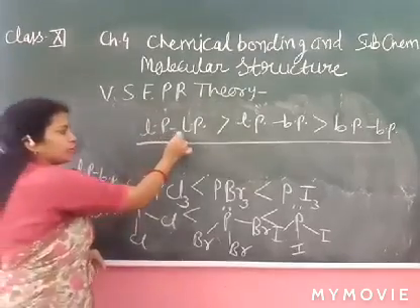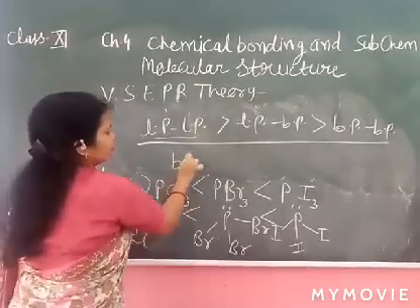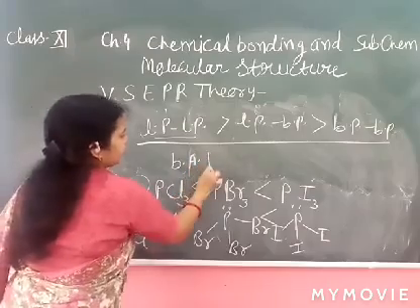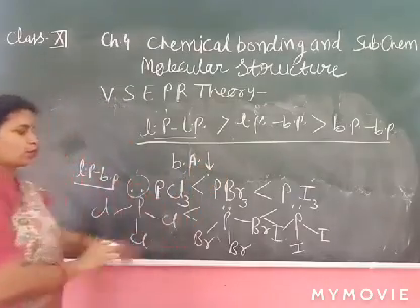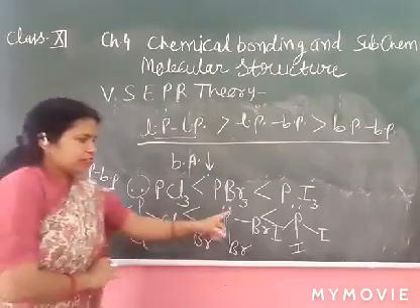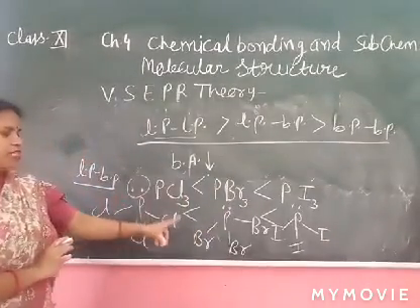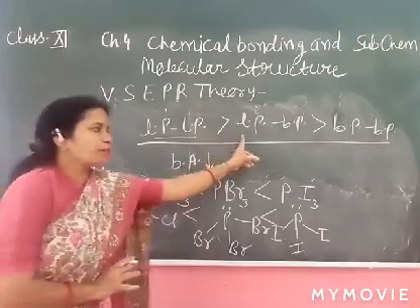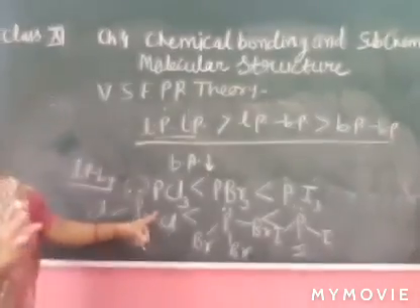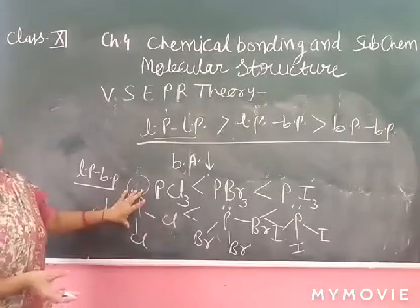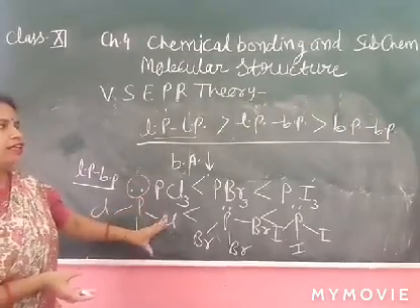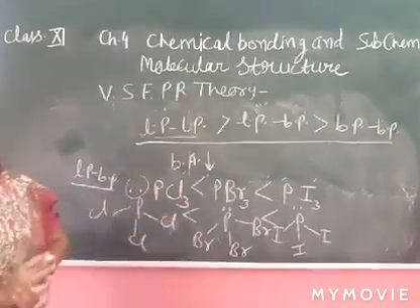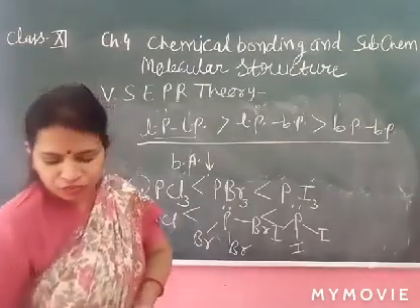So where is the bond angle decreased? In PCl3. Lone pair bond pair repulsion is maximum in PCl3. Now it's clear to all of you.